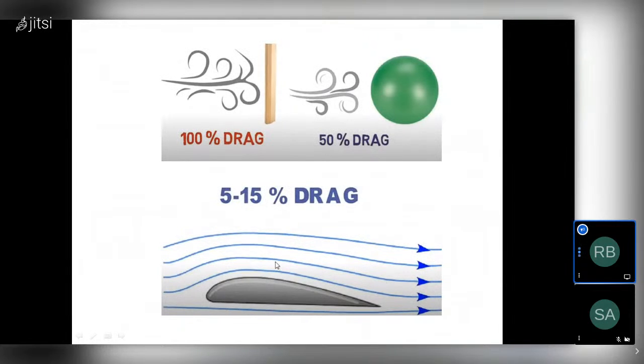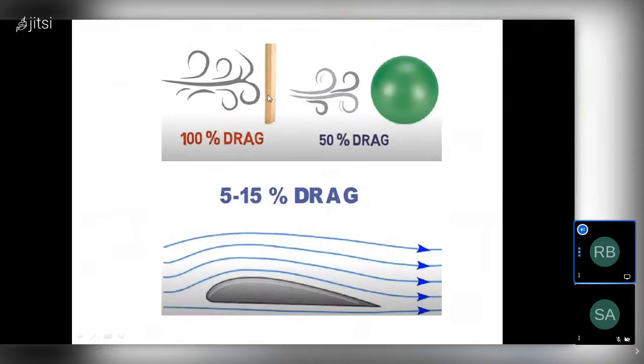Why? Because this type of design has an aerofoil, streamlined kind of body. This shape will give less drag compared to the other shapes, the rectangular based or circular based.